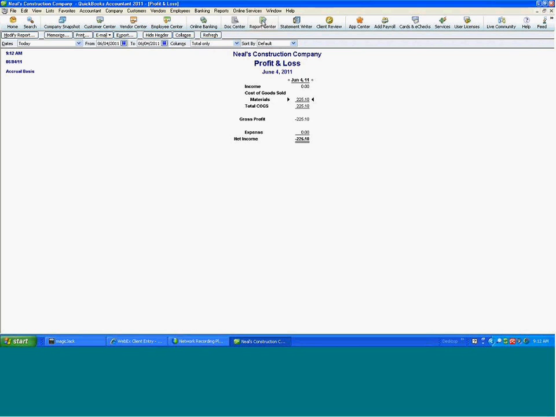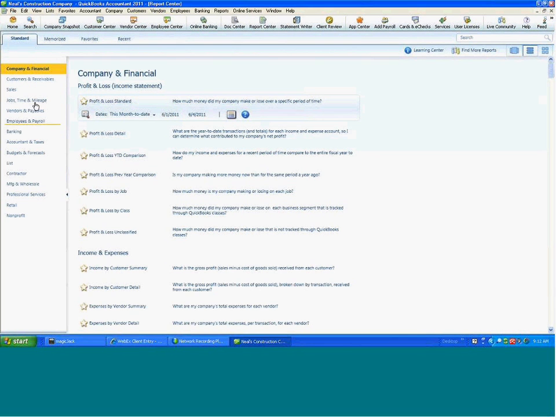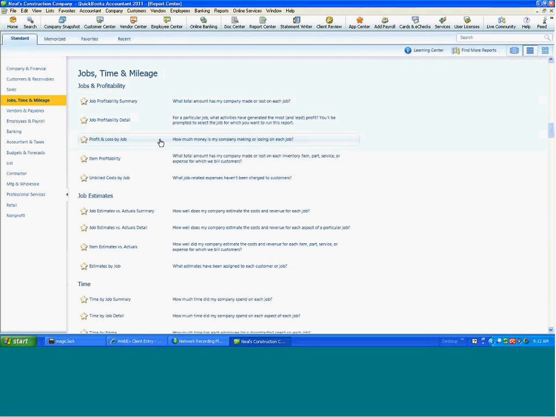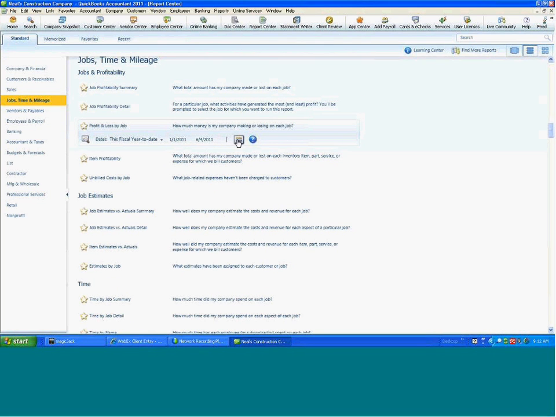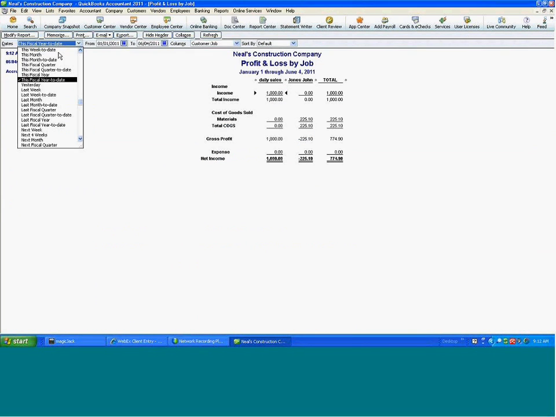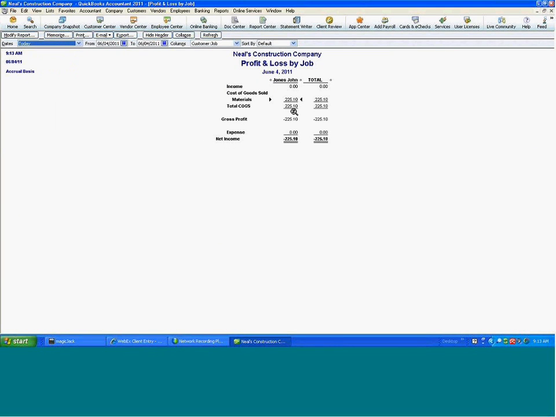$225.10. But I can also look at my report center for my job costing. There's John Jones. And again, this is my materials cost to there.